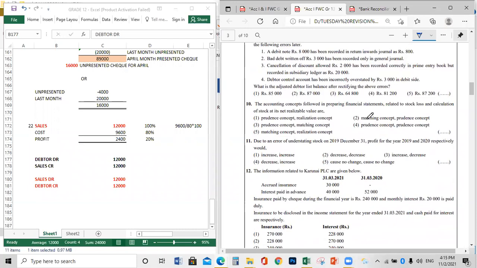Now see, the accounting concept followed in preparing financial statements related to stock loss and calculation of stock at its NRV. What are the concepts? Can you all tell me? Stock loss. What is the concept which talks about stock loss? Question number 10. Guys, you have to give 1, 2, 3, 4.